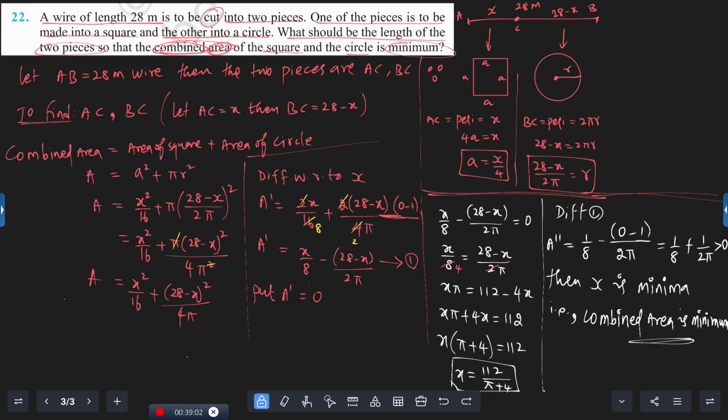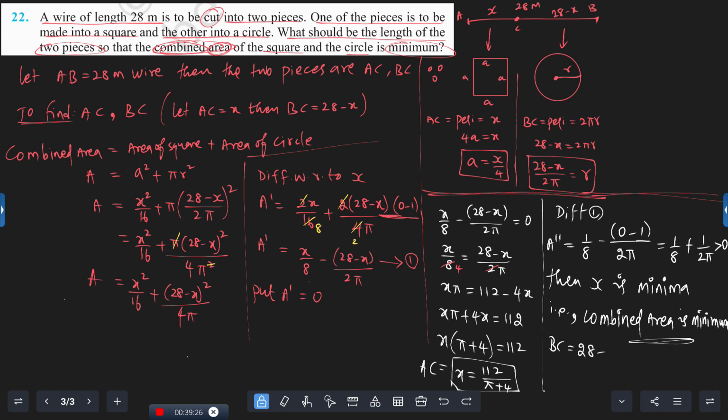Okay, that's it. Then what they asked is to find the x value, I mean AC and BC, both we have to find. x we got as AC. Then we have to find BC also. Take the AC value, substitute in BC, then you will be getting BC equal to 28 minus x.